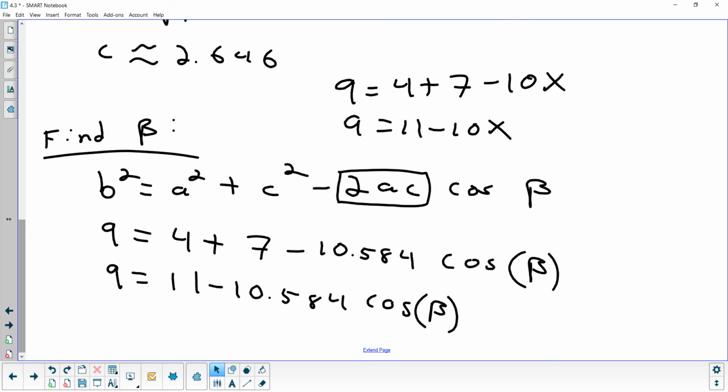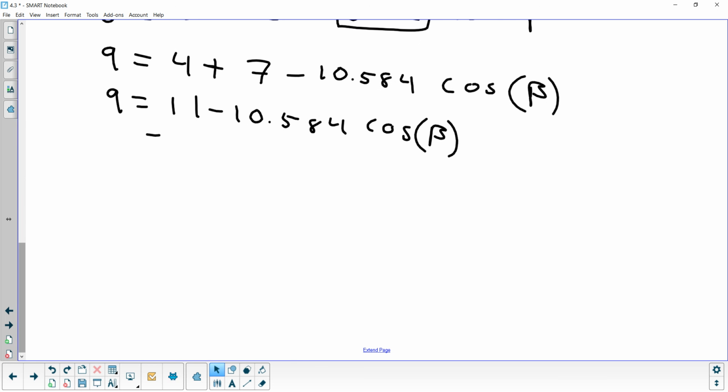To continue getting beta by itself. Yes, subtract 11 from both sides. You cannot do 11 minus 10 any more than you can do 11 minus 10 here. Those aren't like terms. But you can take the 11 and put it on the other side.